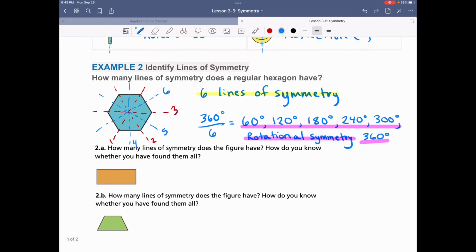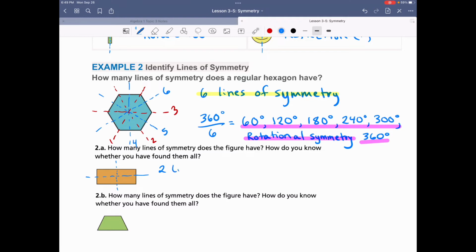For 2a, how many lines of symmetry does this figure have? And how do you know you found them all? Well, I can't go diagonally because it won't fold on itself, and you could test that with a piece of rectangular paper. But we can go horizontally and fold it, and we can go vertically and fold it.